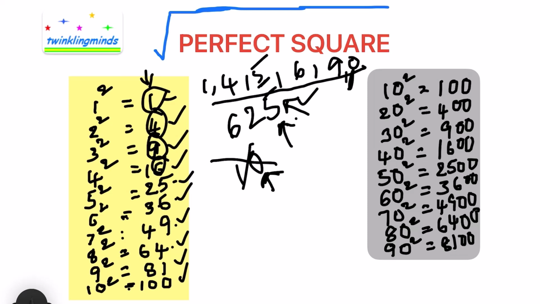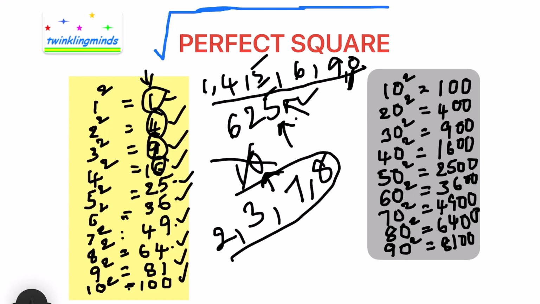But if you have 2, 3, 7 or 8 at the units position, then it is not a perfect square. For example, 232, what do you have here? 2 in the units position.